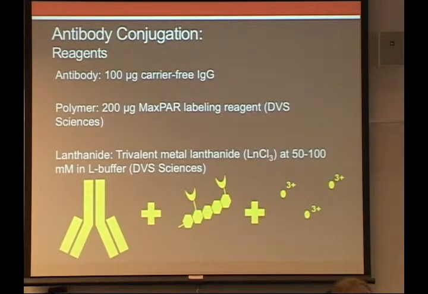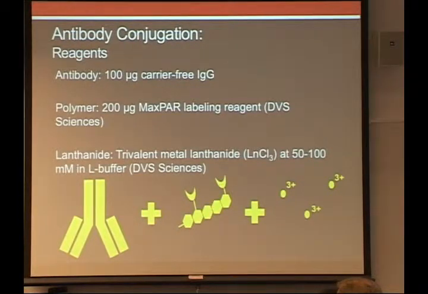You're sitting down, what do you need to start with? Well, obviously your antibody. And it's great to have this in a carrier-free form, purified. You don't want any BSA in that solution in order to ensure that the efficiency of your reactions is really maximal. What we generally prefer to use are IgGs. This reaction tends to work better than for IgMs.